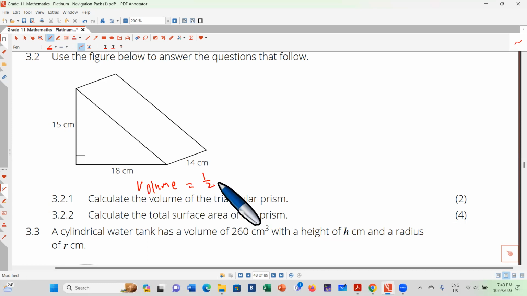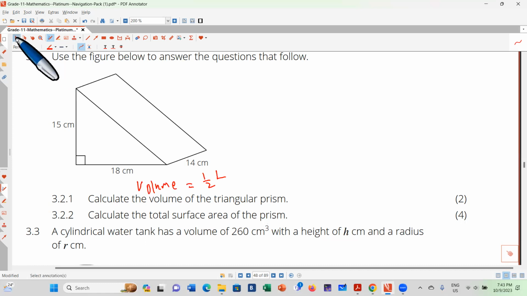So the volume is half the length. There are a couple of ways to do that. You can do half base by height, multiplied by the length.